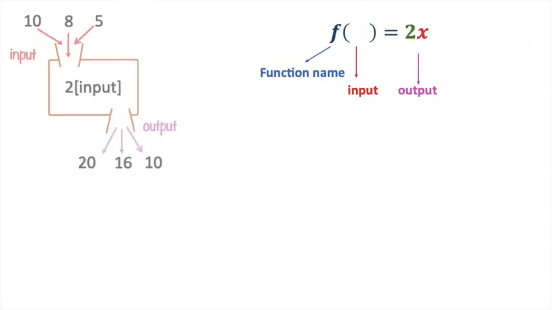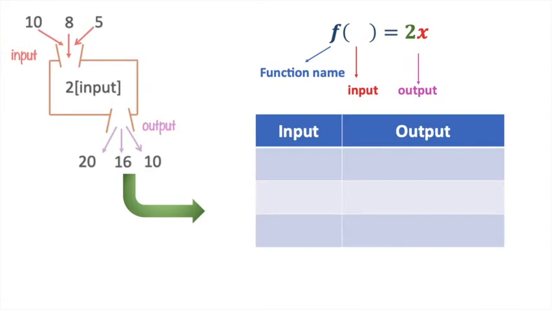When we change this function machine into this table, it will become like this. When the input is x equals 5, then the output is f of 5 is equal to 2 times 5 is equal to 10.